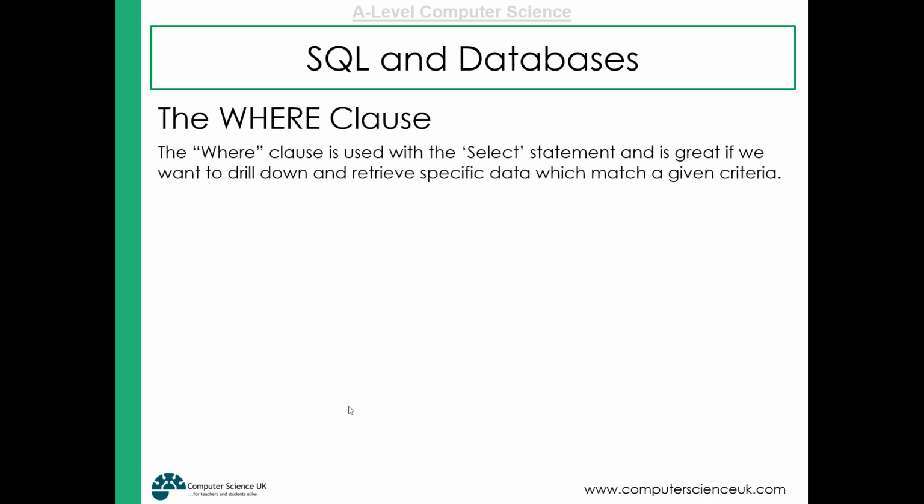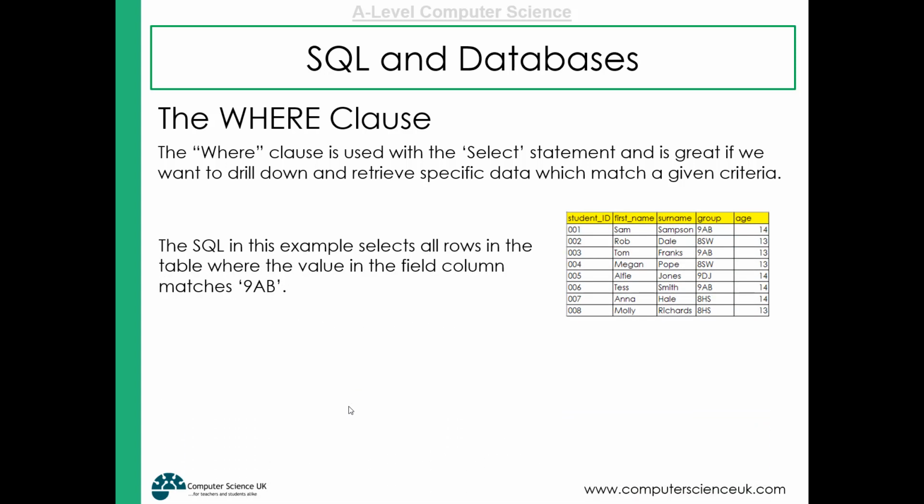Now the WHERE clause is often used in conjunction with the SELECT statement, and it's great when we want to drill down and get specific data which matches a particular criteria. So here we've got a table, and let's say that we wanted to select all the rows in the table where the value in the field groups matches 9AB.